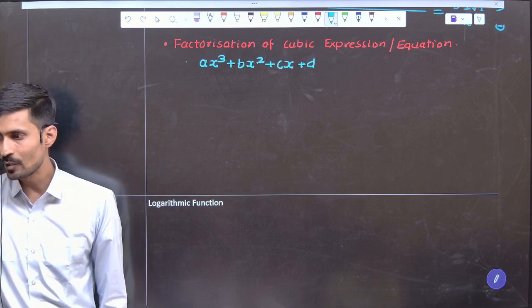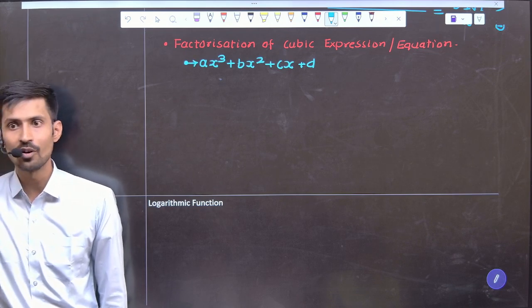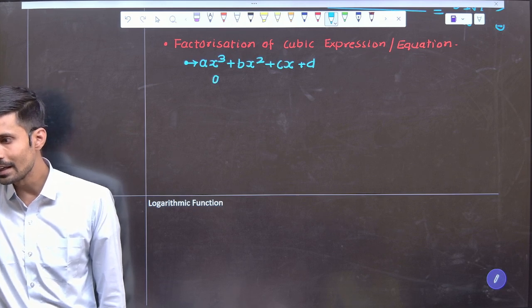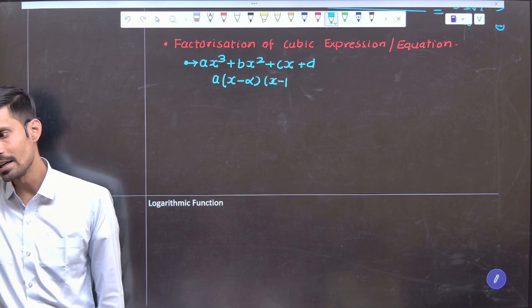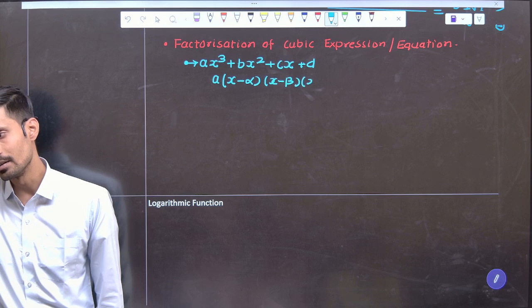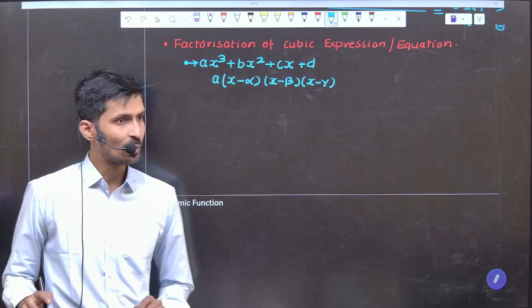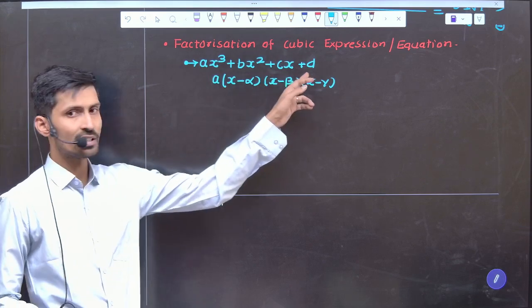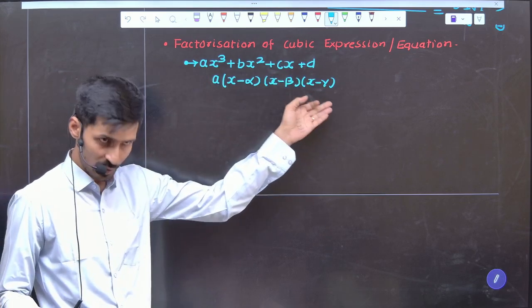If I want to rewrite this in another form, how can we write it? a times (x minus alpha)(x minus beta)(x minus gamma). And both are the same. Suppose someone asks a question based on this and you cannot solve it, then try to solve from the other form, maybe you can solve.